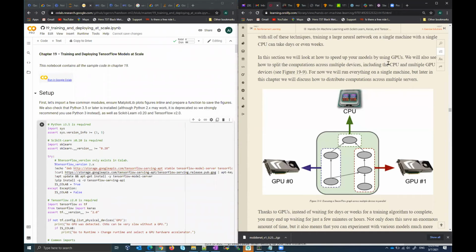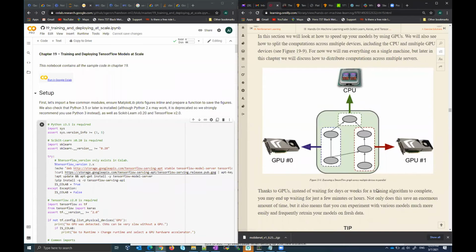So we always aim to get a handle on GPUs for the work, and here we see that TensorFlow can distribute a load between GPUs and CPUs.